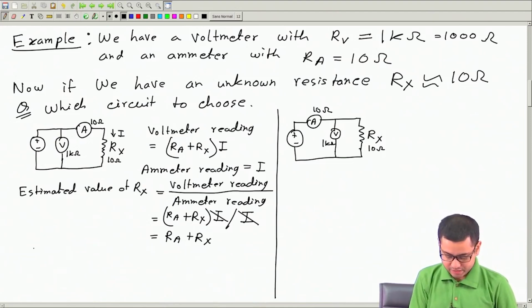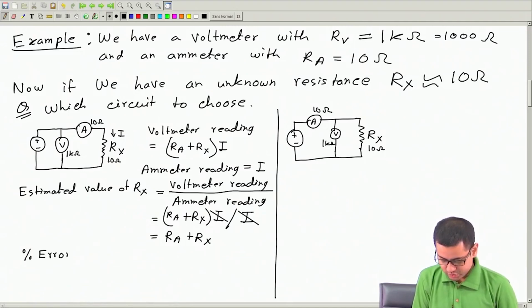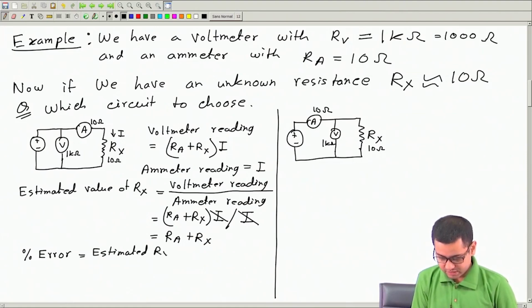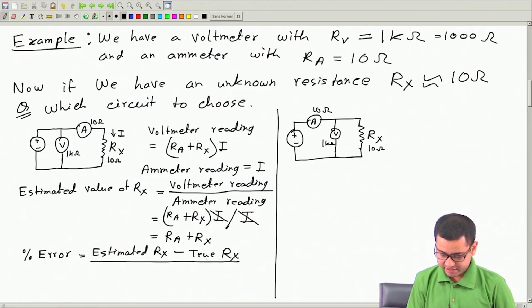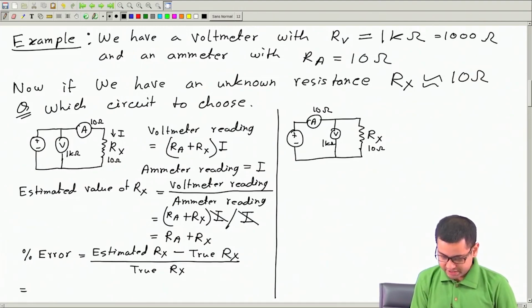Now the error, say percentage error, which I define as the estimated Rx minus the true Rx, whole divided by the true Rx. So the estimated Rx is Ra plus Rx.